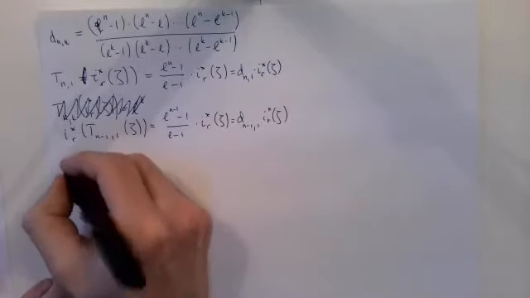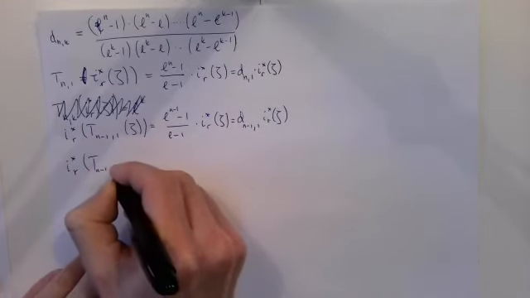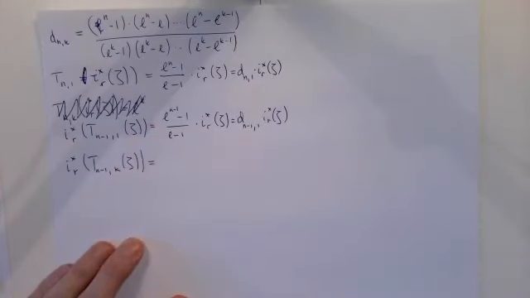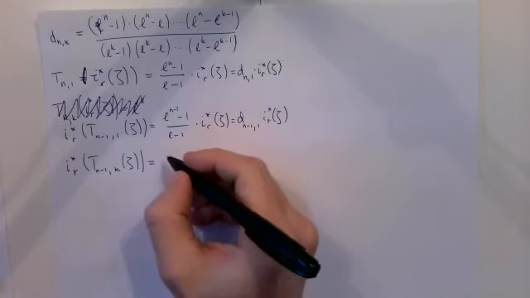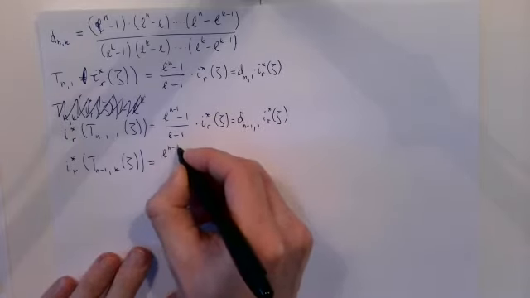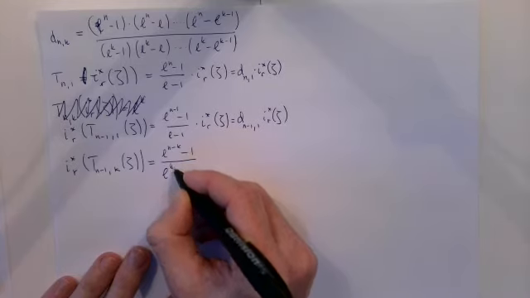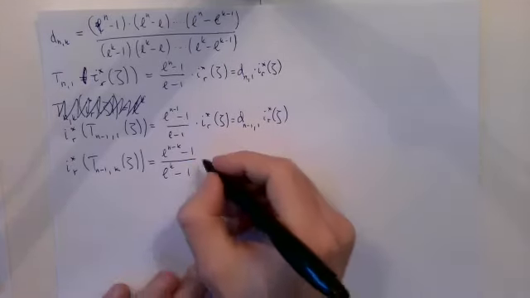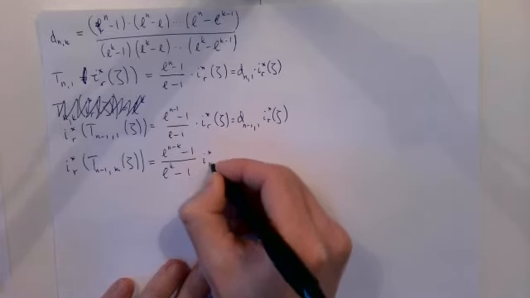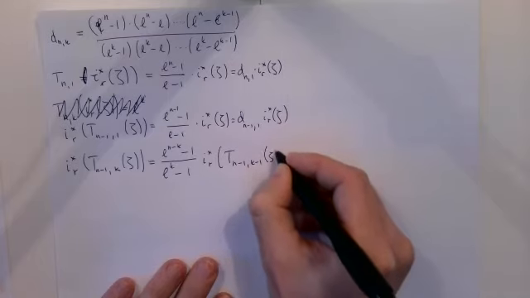So I first want to prove by induction that this is equal to (L^{n-k} minus 1) over (L^k minus 1) times I star R T_{n-1,k-1} zeta.